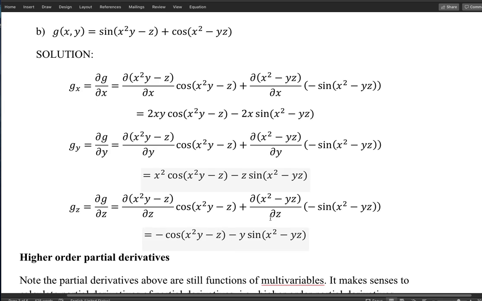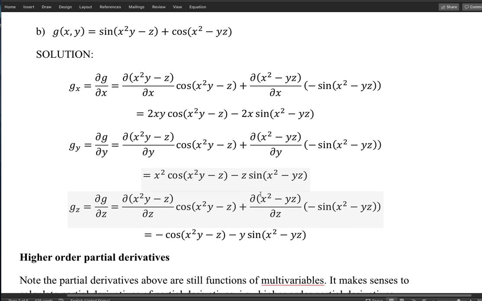And the last one, let's take a quick look if we can get the partial derivative with respect to z. dg dz, dg dz. Okay, similar arrangement, and this time you are going to have the function with respect to z, and the function with respect to z. With respect to z, for the first part, x squared minus yz, I'm believing I'm just having -1 here. -1 times cosine of that function. Then this part, partial derivative with respect to z again.